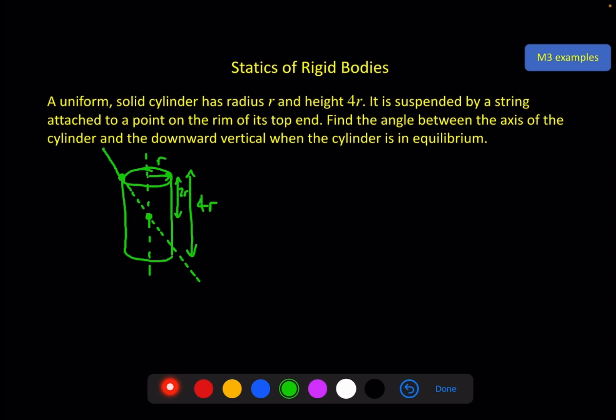And I'm doing what I did in M2, where I'm not going to redraw this because my redrawing would be terrible. I'm just going to call this line the vertical line, knowing that that must go through the center of mass of the object if it's in equilibrium.